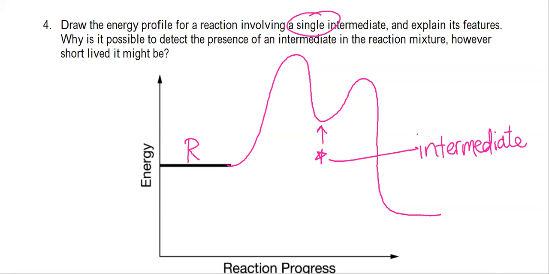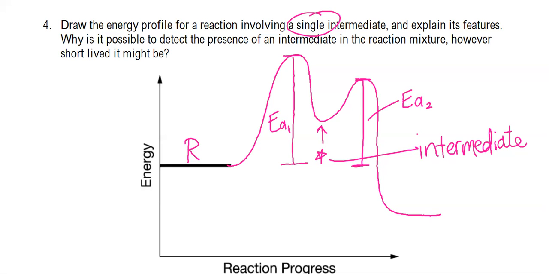Okay, so why is it possible to answer that question? It's possible because there are 2 humps in the graph. It exists as its own unique species because there would be a second activation energy requirement in order for the intermediate to be taken care of in the reaction. So this height would be activation energy for the first step, and then this would be the activation energy for the second step.